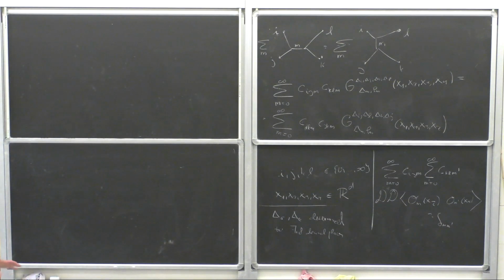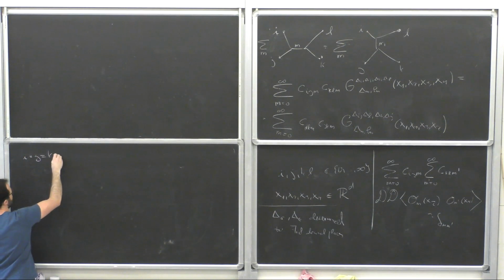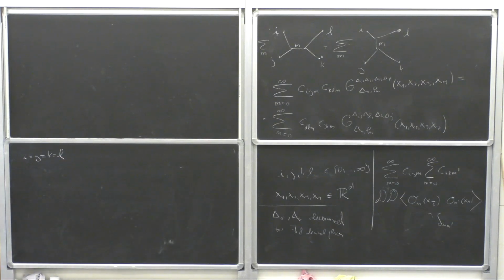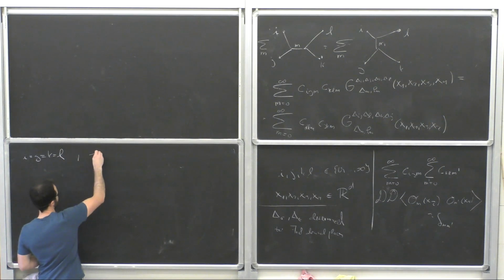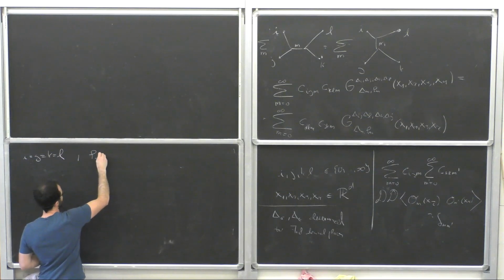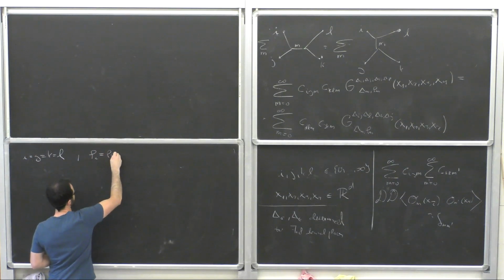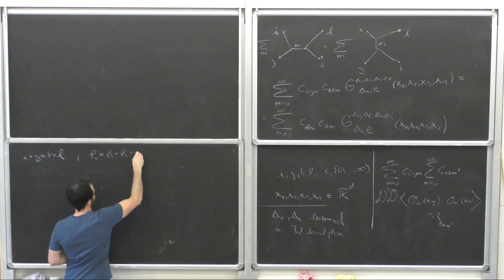Okay, so we have this huge infinite set of equations, and let's just look at some subset of these equations. The subset we are going to choose is when all 4 external operators are the same. So i, j, k, and l are all the same, and they correspond to scalar operators. So rho i is rho j, rho k is rho l.